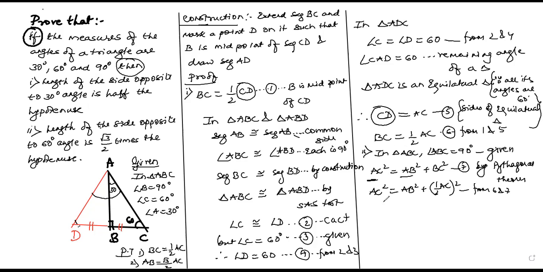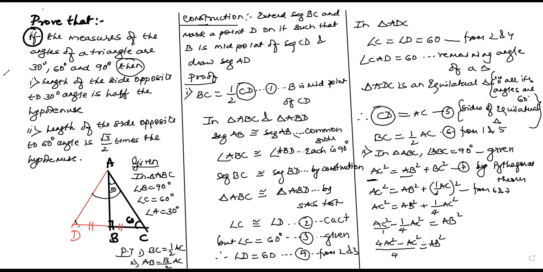Now look, you have only AB and AC, so simplify. AC square equal AB square plus 1 upon 4 AC square. Taking 1 upon 4 AC square to the other side: AC square minus 1 upon 4 AC square is equal to AB square. Now the LCM is 4. So 4AC square minus AC square, upon 4, is equal to AB square.